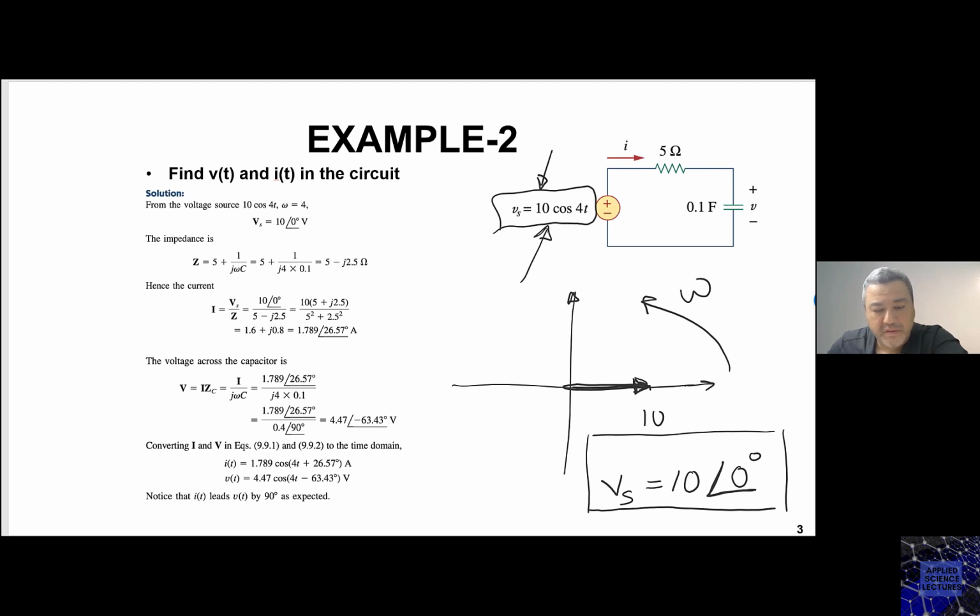Like if you start at zero, your phase is zero, but if you move the function 90 degrees to the right, the phase is 90 degrees. Can you guys hear his voice? I cannot hear his voice.